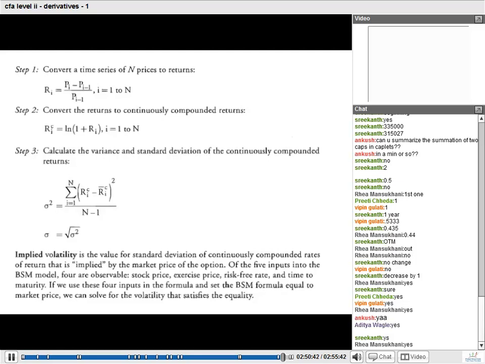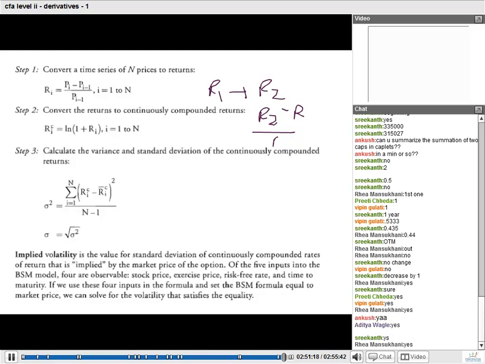Now guys, just one thing that you need to remember about the Black-Scholes model. Do not compute the returns in a holding period manner. Rather, compute the returns in a logarithmic fashion. So if a price of R1 has become R2, then this is how we normally compute our returns: R2 minus R1 upon R1.